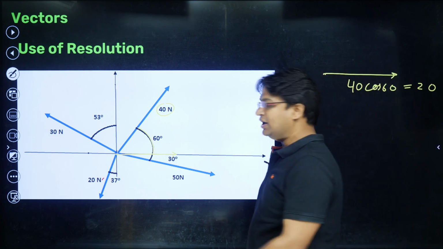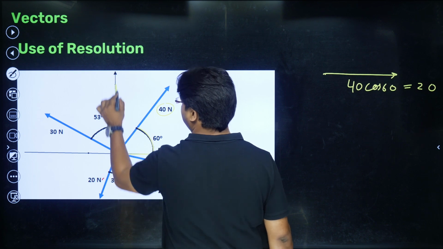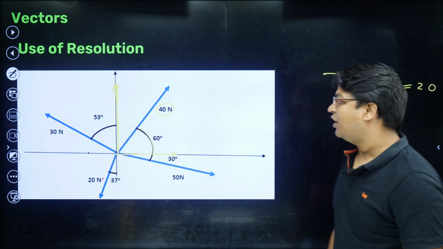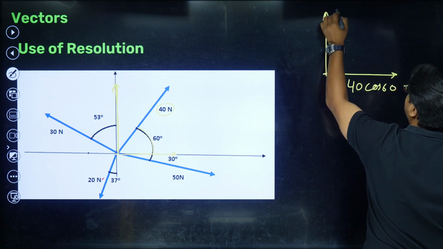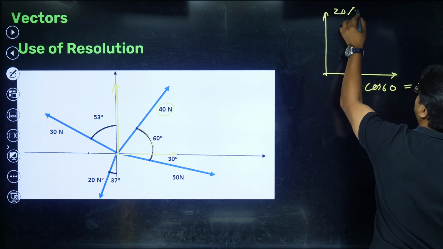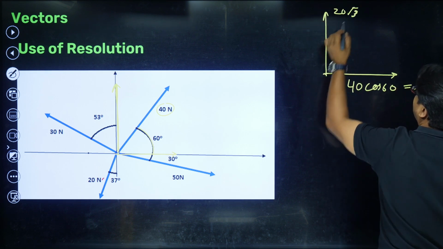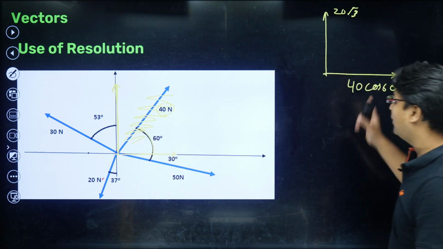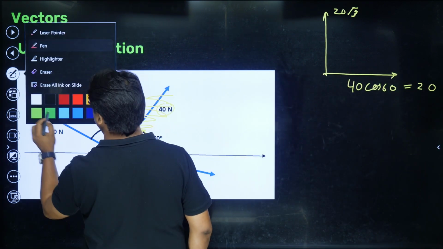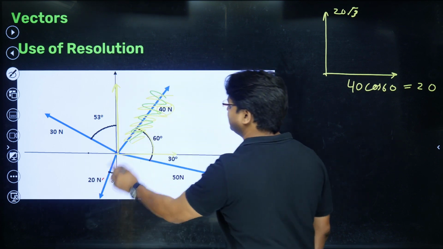The other component will be in this direction, along positive j, and it would be 40 sin 60, which is 20 root 3. So we have taken care of this vector. Instead of this vector, I have now drawn a couple of vectors which will play the same role, so let's forget this.